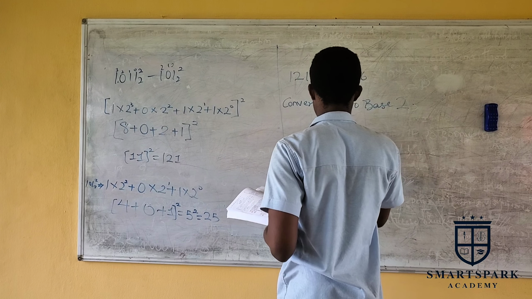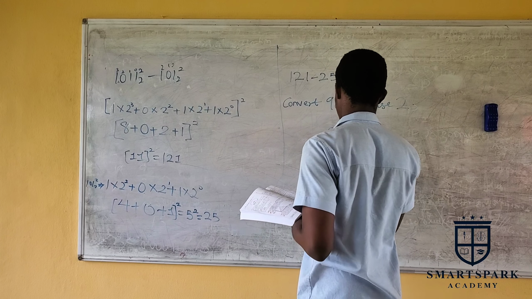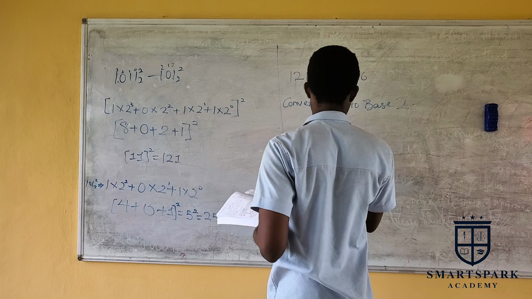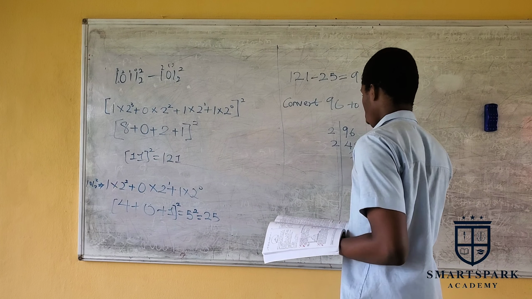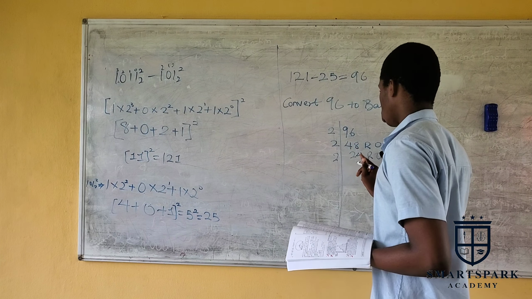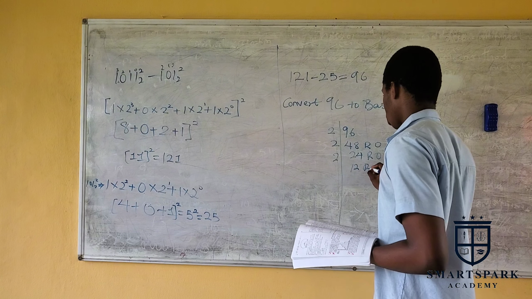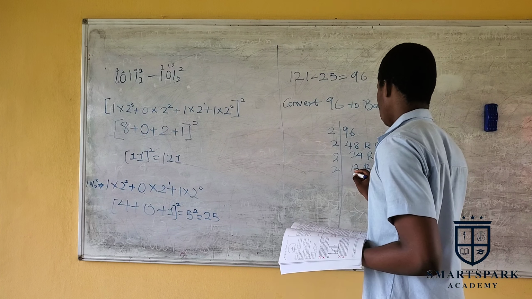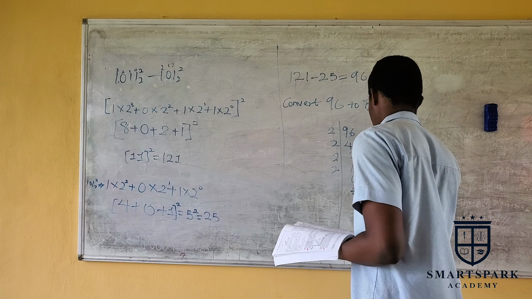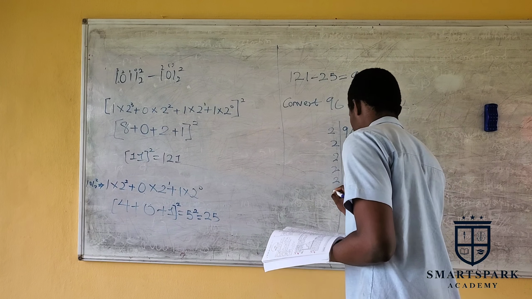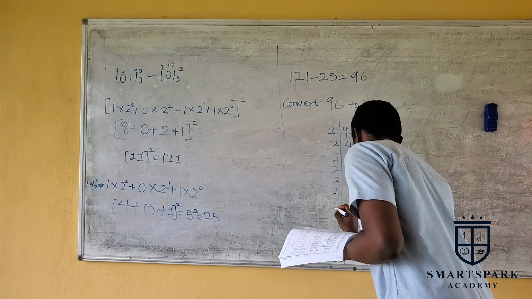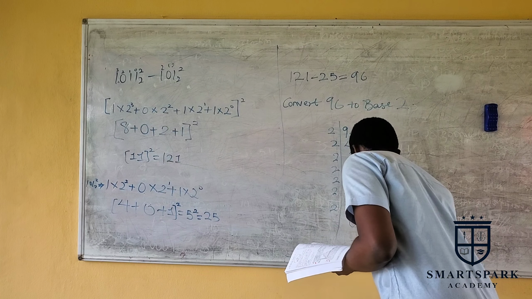2 into 96 is 48, remainder 0. 2 into 48 is 24, remainder 0. 2 into 24 is 12, remainder 0. 2 into 12 is 6, remainder 0. 2 into 6 is 3, remainder 0. 2 into 3 is 1, remainder 1. 2 into 1 is 0, remainder 1.